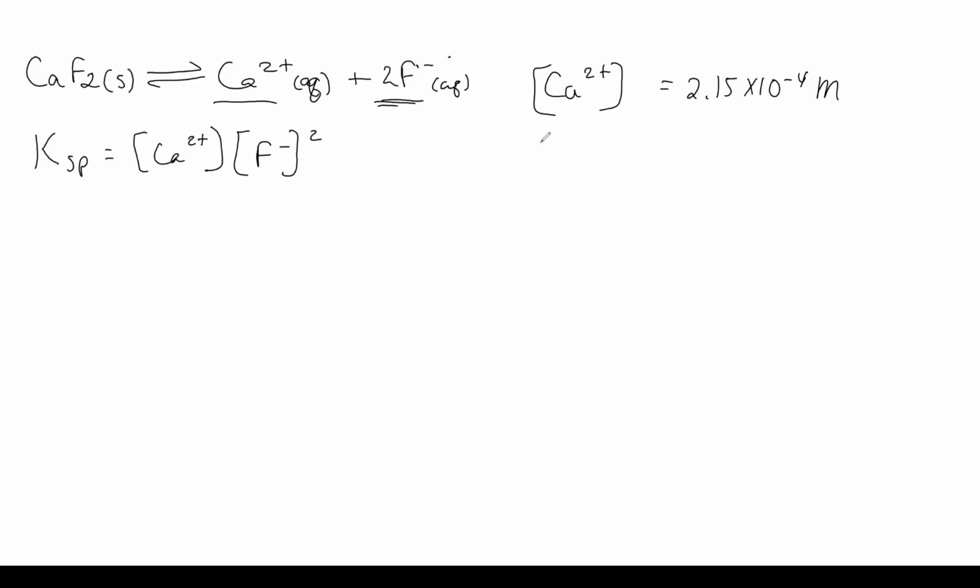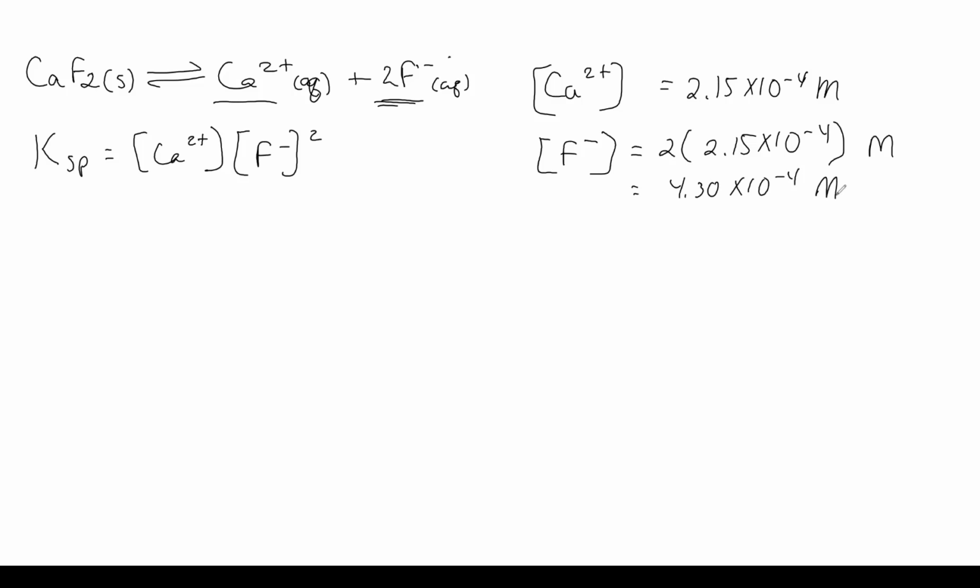So it stands to reason that the fluoride anion concentration is simply 2 times 2.15 times 10 to the negative 4 molar. And if we do that math, it's going to be 4.3 times 10 to the negative 4.